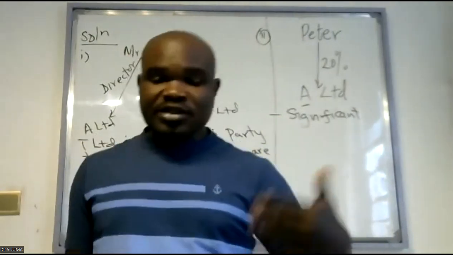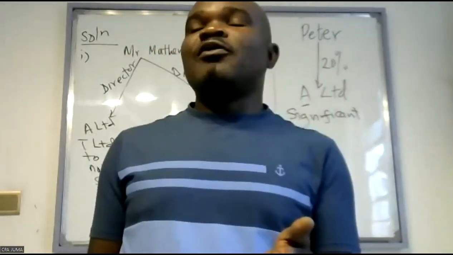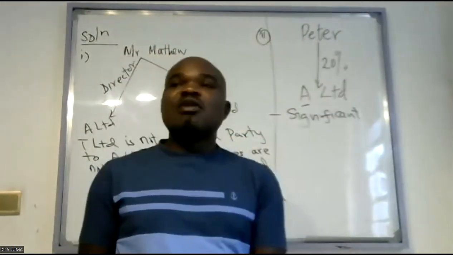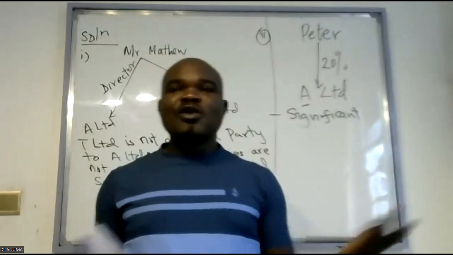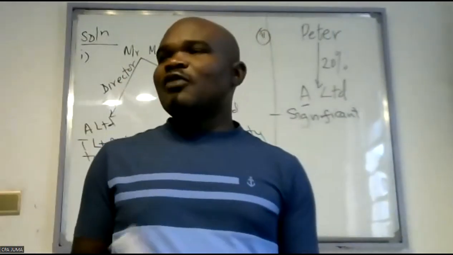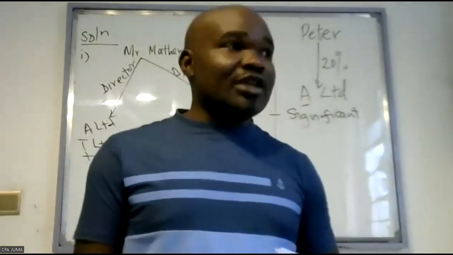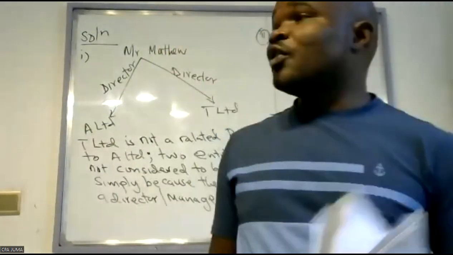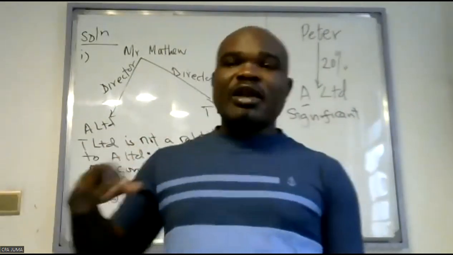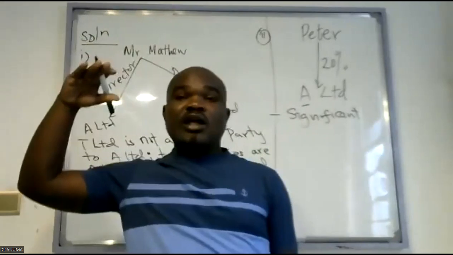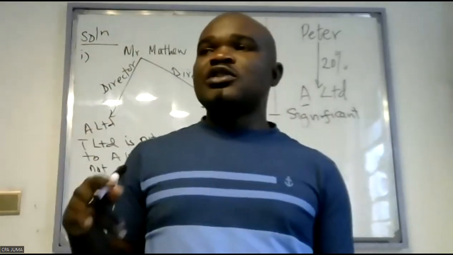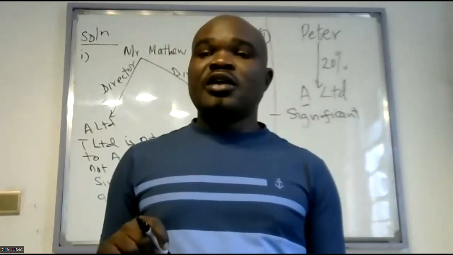If you compare cashier and financial controller, cashier is not key management personnel, although in some companies the cashier is used as the overall person who even controls the accountant. But a financial controller, there is no financial decision in a company which can be made without the financial controller being there.